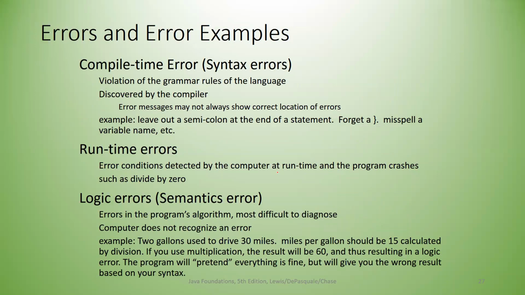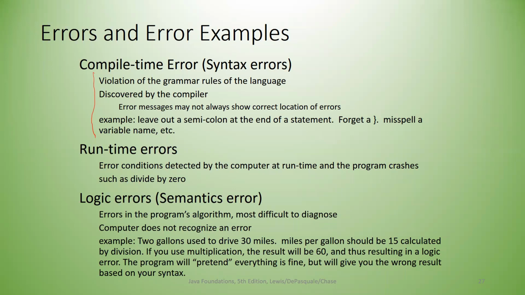If you look at this compile time error, we call it compile time because the compiler checks syntax. You remember that. So we call it compile time error, which is syntax error. Okay, read this. If you leave out a semicolon, that is a syntax error. If you forget the curly brace, that's a syntax error.